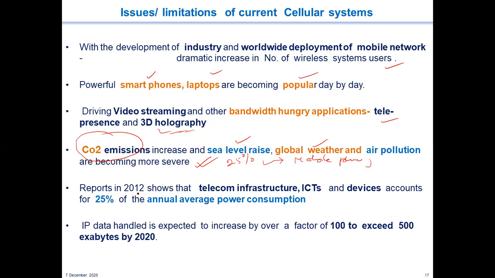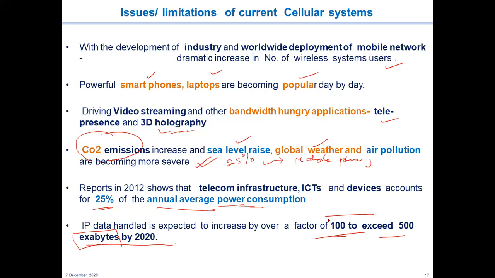If you see the report of 2012, it shows that telecommunication infrastructure amounts to 25%, and it is growing annually in power consumption. Also, IP data handled is expected to increase by over a factor of 100 to 500 exabytes by 2020.